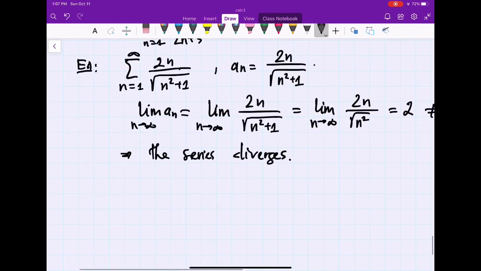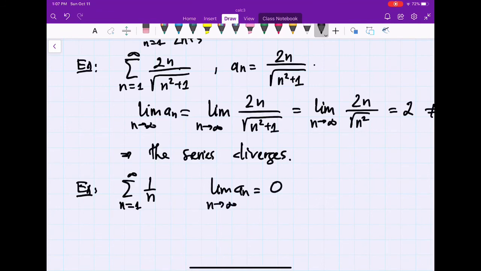But look at this. If the general term has limit equal to 0, this does not mean the series converges. In this case, the general term is 1 over n, and the limit of 1 over n is 0 when n approaches infinity. But this does not imply that the series converges.